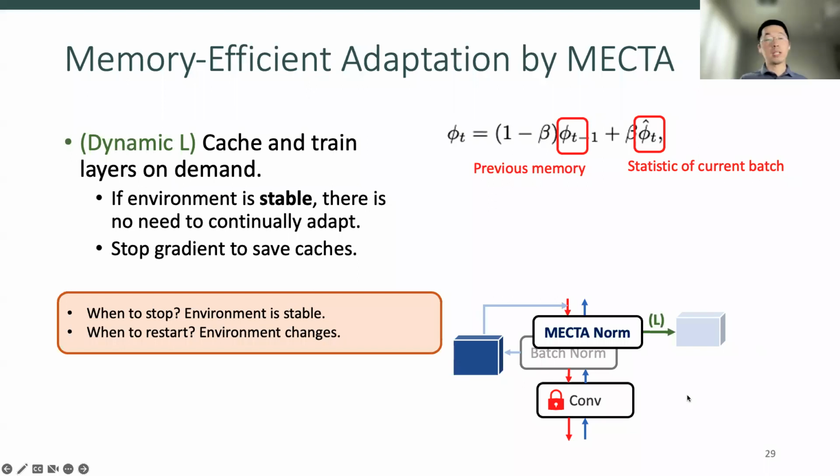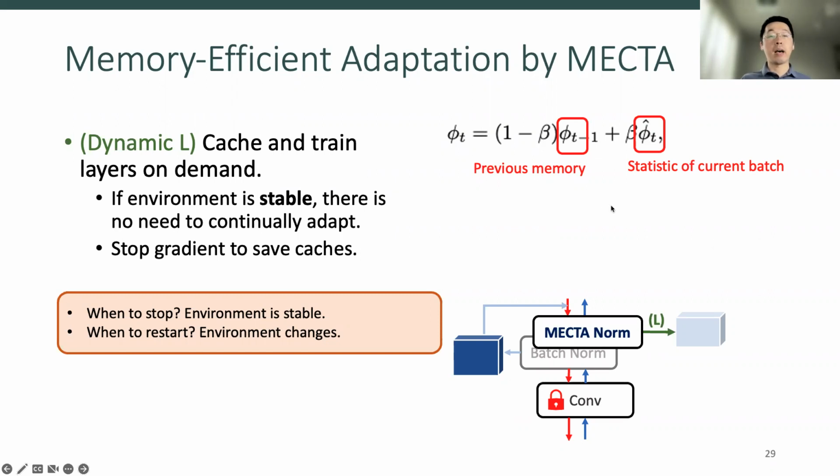With this intuition, the question is when to stop the updating and when to restart. Obviously, we need to stop updating a specific normalization layer if the environment is already stable. And if the environment changes, then we need to restart it in order to capture the distribution of the new noise and the new data.